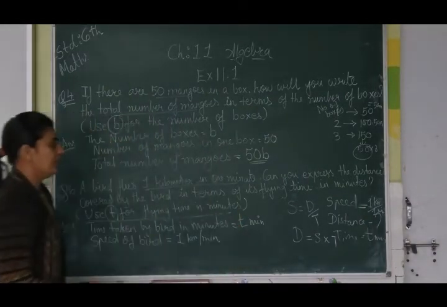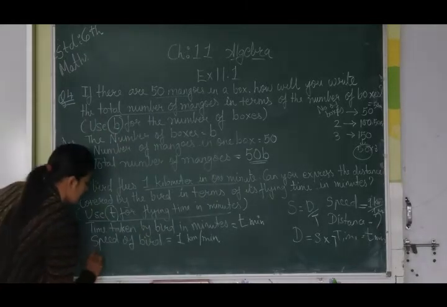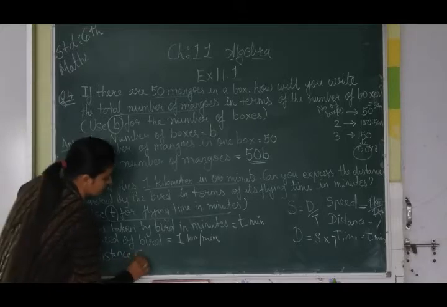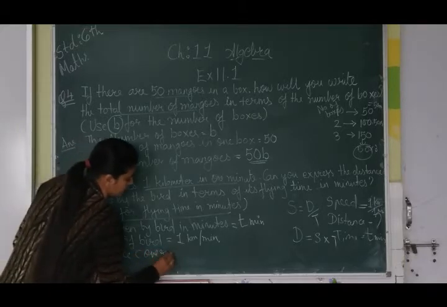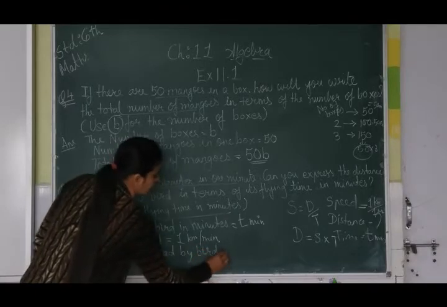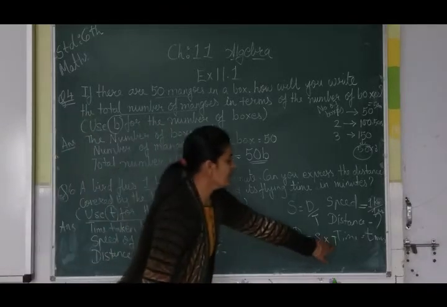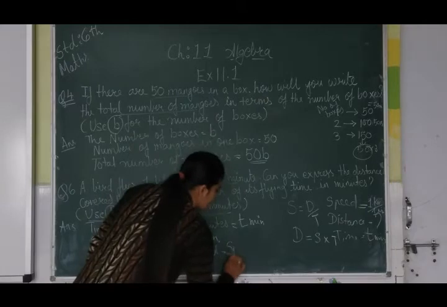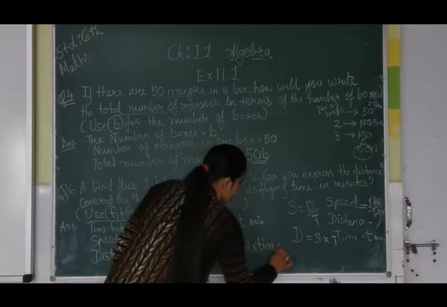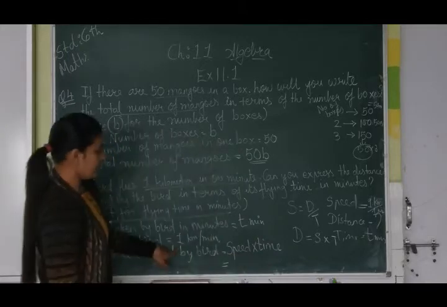Now what we have to find out? We have to find out the distance. So distance covered by bird will be equal to speed multiplied by time. Here speed is 1.